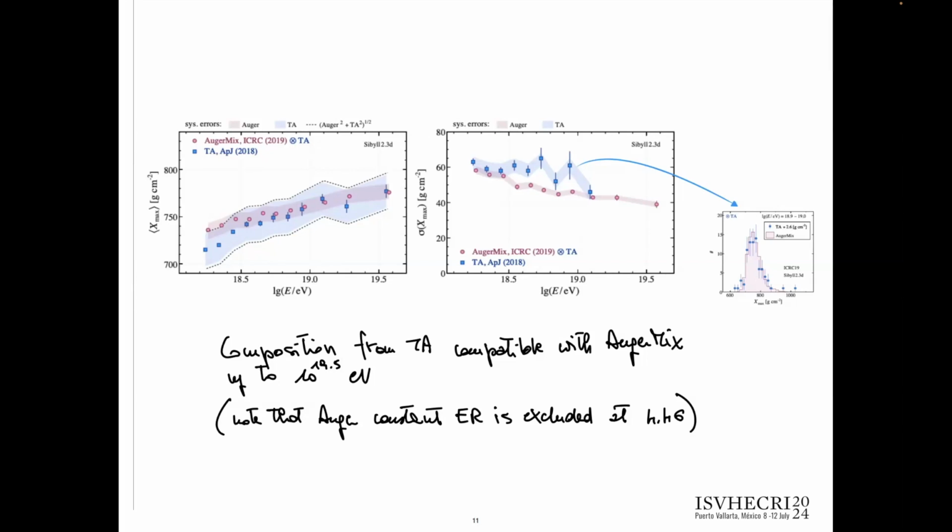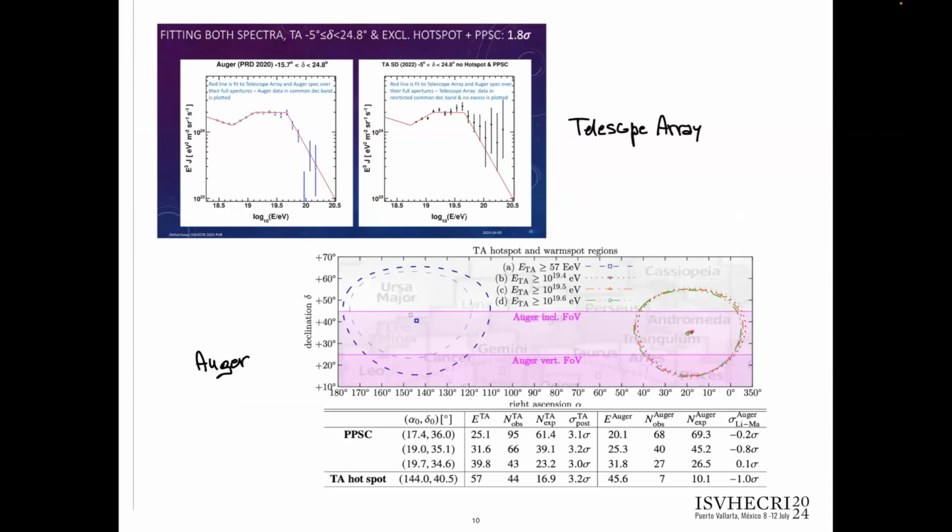Now, to the question of the energy spectra, if we look at the TA data with a bump around the hotspots, and if Auger doesn't see any, so John, is that 3 sigma, 3.2 sigma, or what do you say? The significance of the excess in the hotspots?